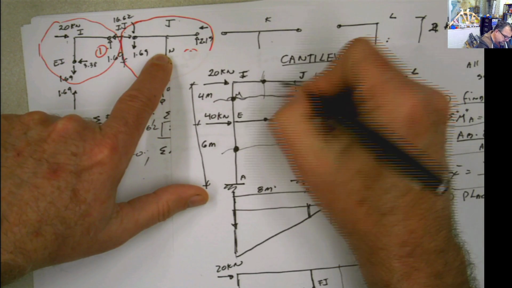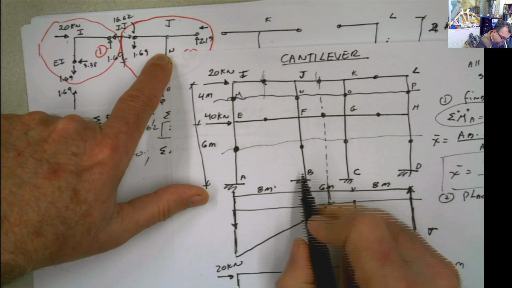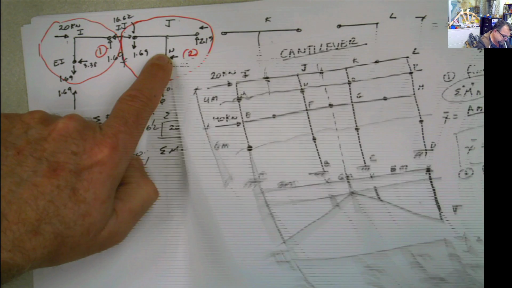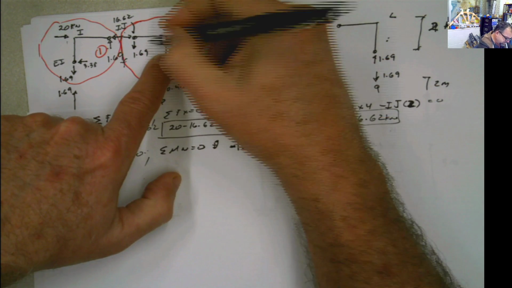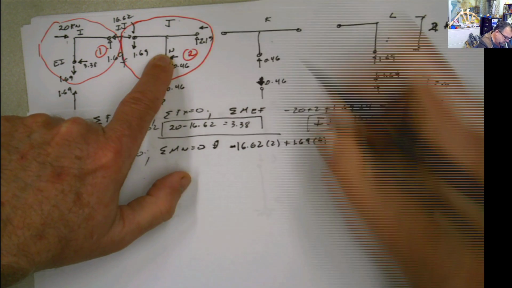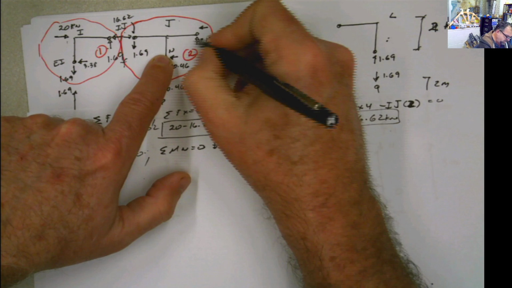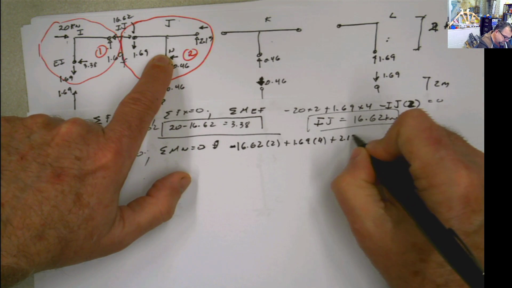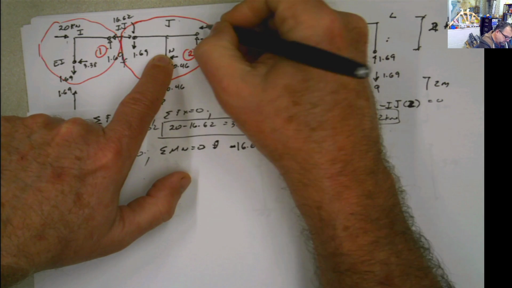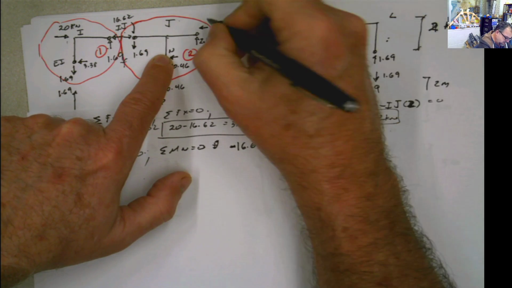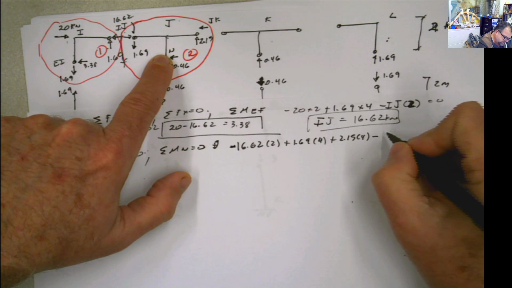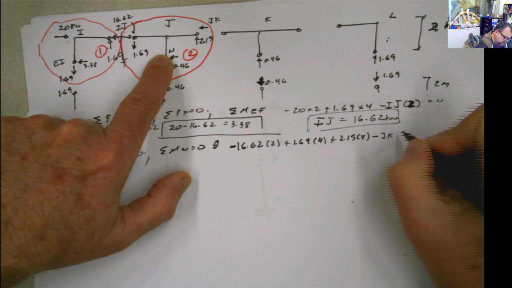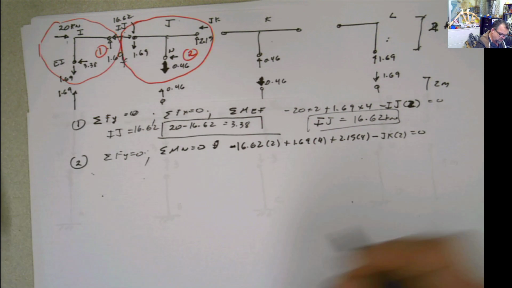That distance is half of 8, 4, and then you have plus 2.15 times 4, minus jk times 2 equals 0, and then we can solve for jk.